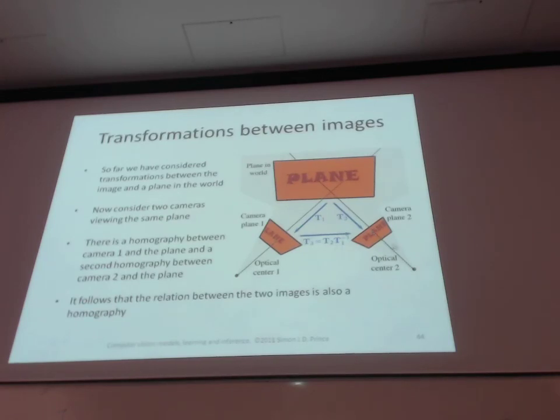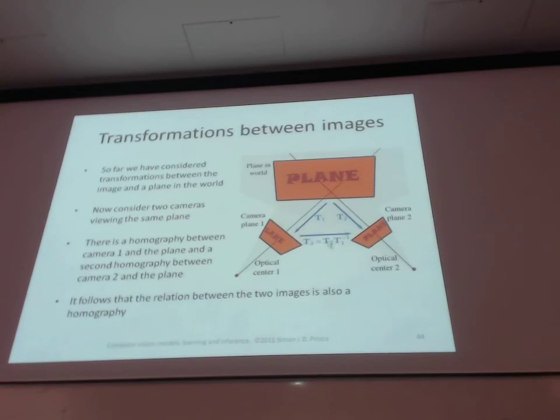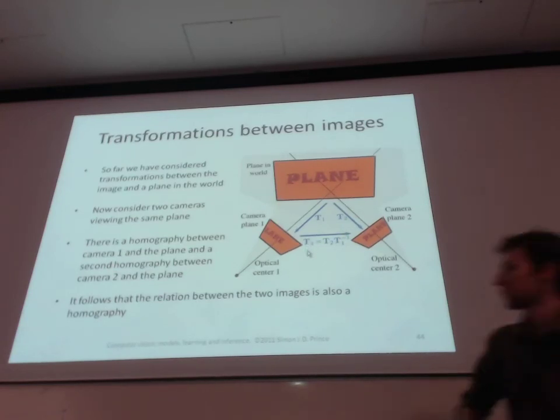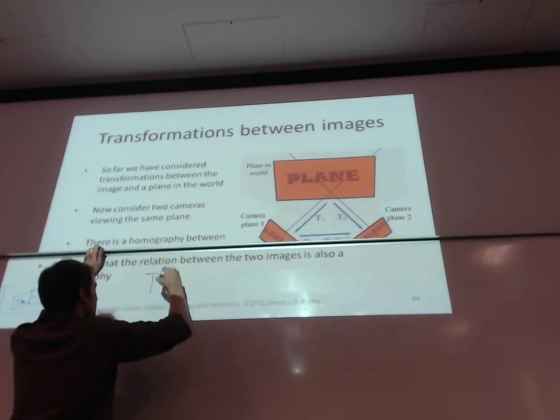So you're no longer surprised by this, but if someone came along and only gave you T1 and T2, and said, now please explain to me where things from camera 1 should map to in camera 2, you'd be able to do that because you just have to undo one of the transformations and apply the other. So in this case, T3. To decode which is which, we're going to apply T3. I'm going quickly, but I just want to make sure this is clear.